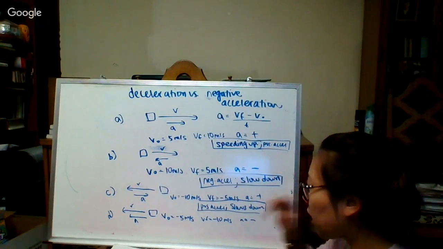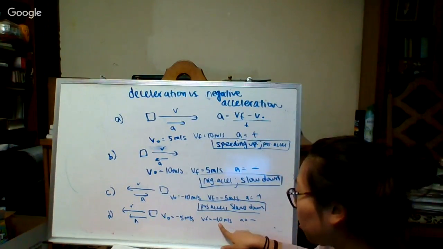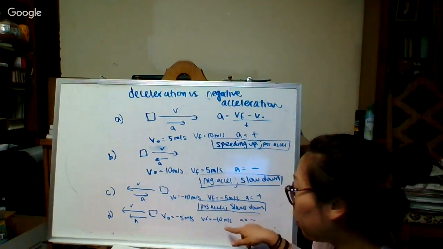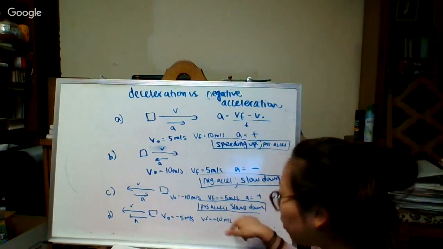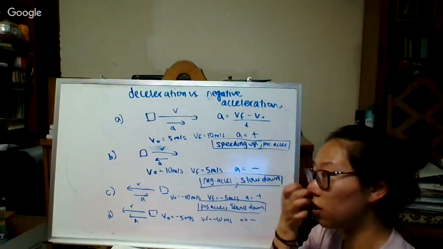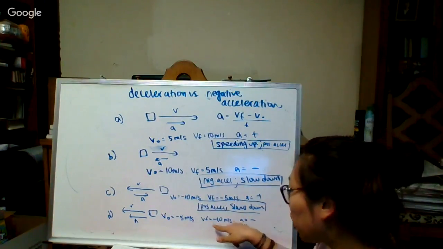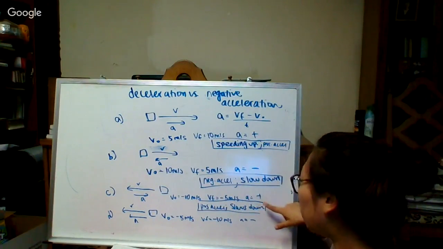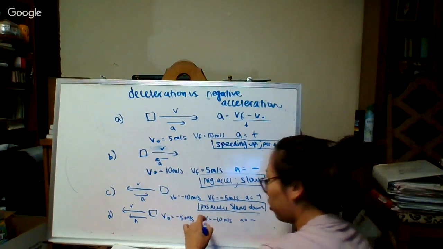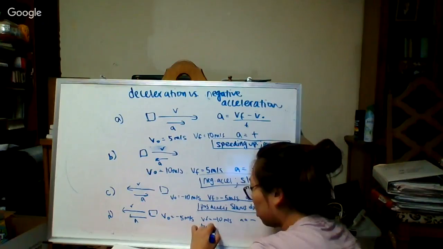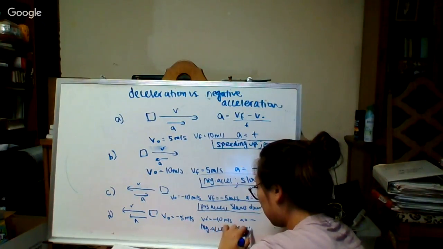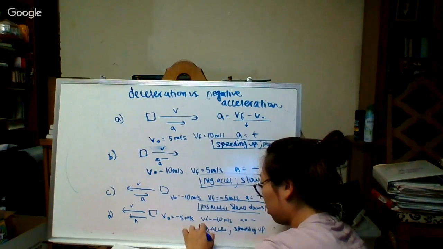In this case, when you look at these numbers, the 10 is higher, but if you look at the entire number, it is negative 10. So you know it's going to have a negative acceleration. For negative and positive acceleration, you look at the entire thing with the sign. For slowing down and speeding up, you only look at it without the sign. So it's negative acceleration, and it is speeding up.